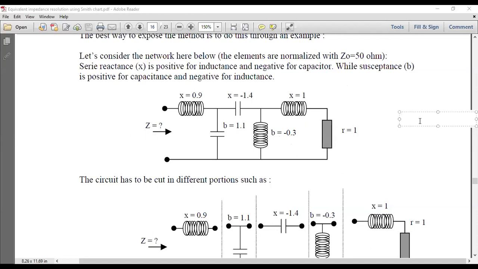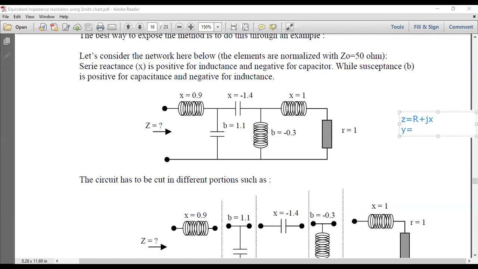If I write Z equals R plus jX, what is j? What is X? It is the reactance part. And what is R? The resistance part.